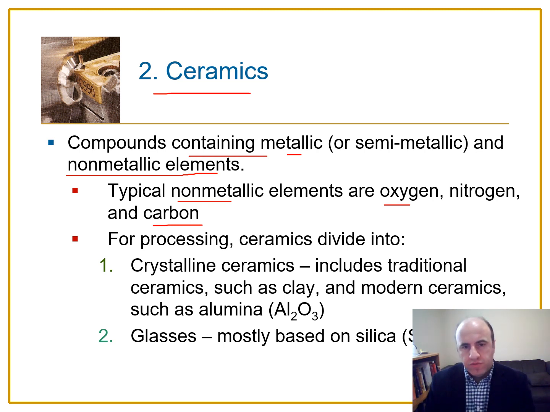When we add aluminum, for example, a metallic element, to a ceramic, we can make a very abrasive compound like alumina, and it has a lot of use for abrasive purposes. And we can add non-metallic elements like silica to make glasses. We will talk about ceramics further later on in a separate session.